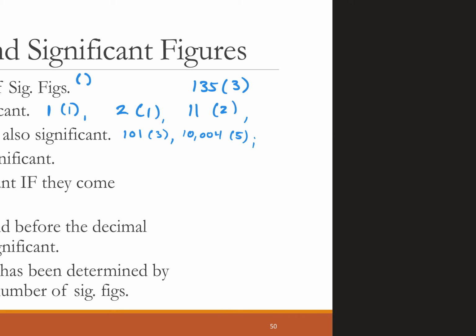Let's do 1,008,092. You have those 2 zeros and that 0 there. They're each between non-zeros. These 2 are between the 1 and the 8. That one is between the 8 and the 9. So every number there is significant, and so you have 7 significant figures there.